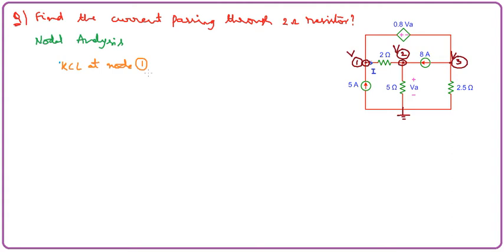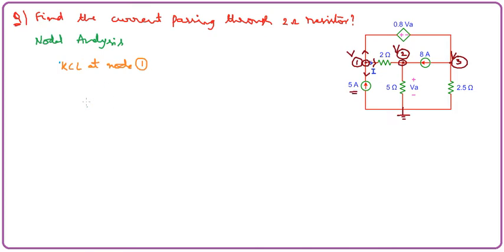We assume my node voltage is higher compared to all other voltages, so the current is moving in this way and this way. This current is in the opposite direction to the 5 ampere source.